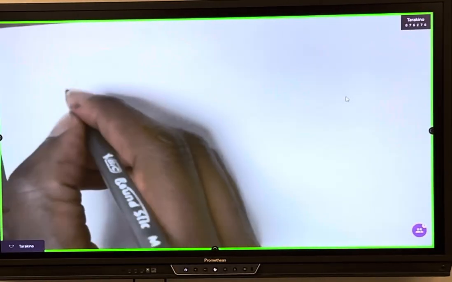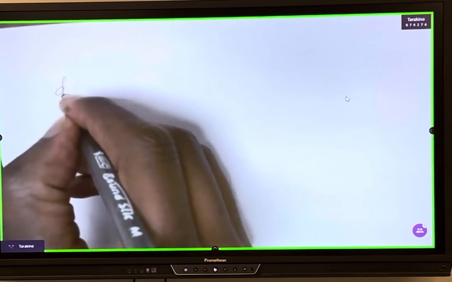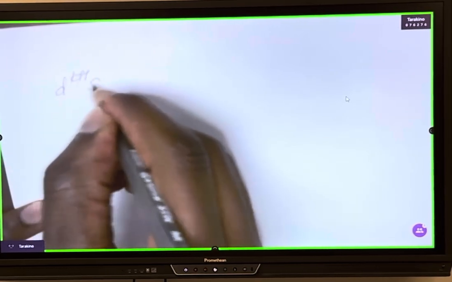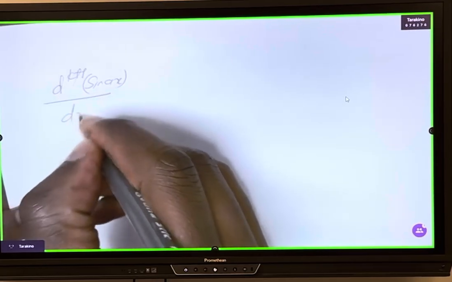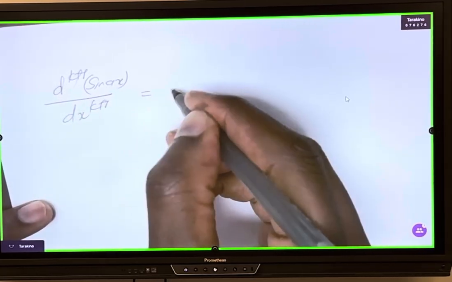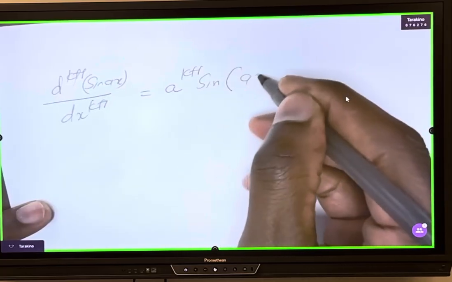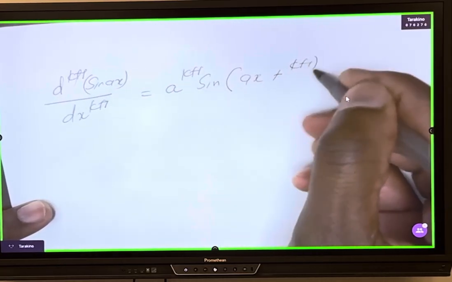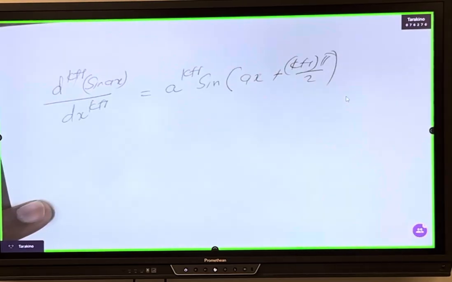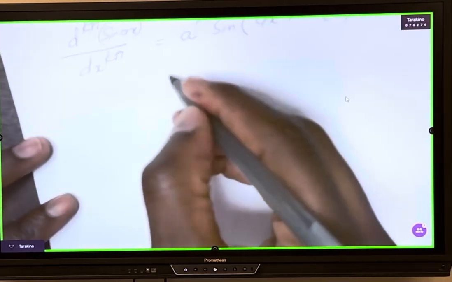which is d to the k plus 1 of sine ax over dx to the k plus 1 is equal to a to the k plus 1 sine ax plus k plus 1 pi over 2. Right, so I'll deal with the left hand side.